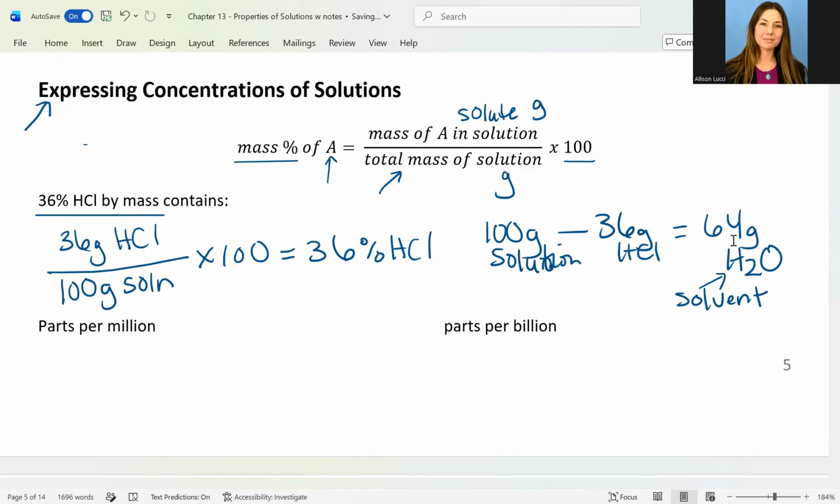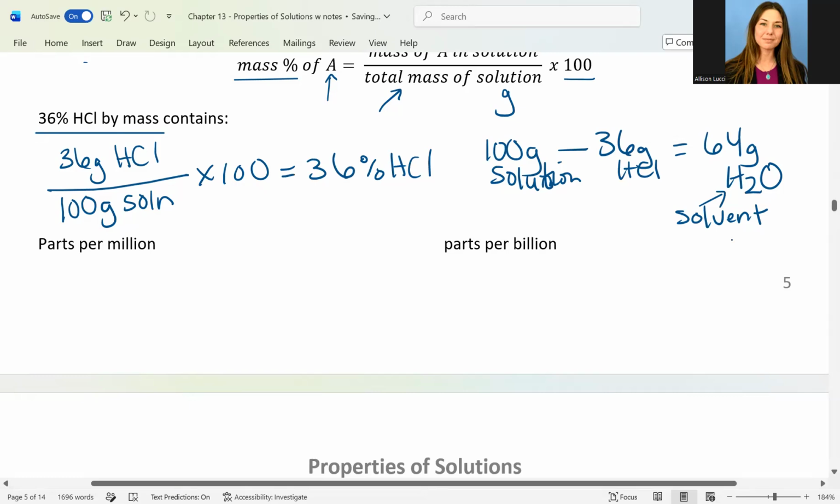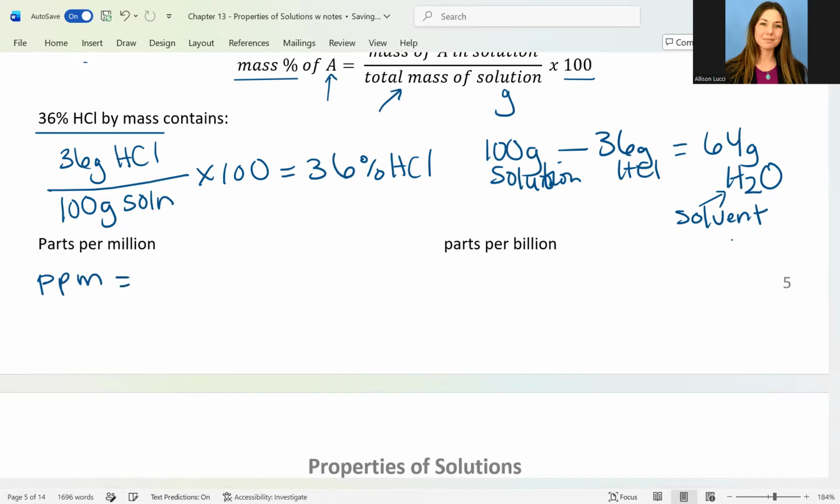Next unit we have here is something called parts per million. It's abbreviated ppm. We'll take the mass, again, of A, our solute, say in grams, and divide by the total mass of our solution. And then instead of multiplying by just 100 for a percent, we're going to get a parts per million, so it's times 10 to the sixth.